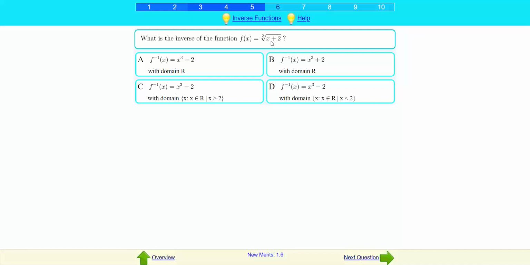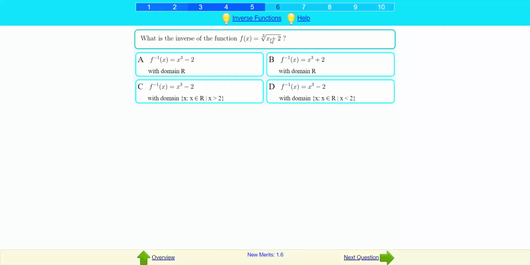The inverse of this is tricky. X plus 2. Now let me try to solve this on paper. So we know that x to the power of n would lead to the nth root of x. Now we have the cube root of x plus 2. Now this is assuming x plus 2 is y.